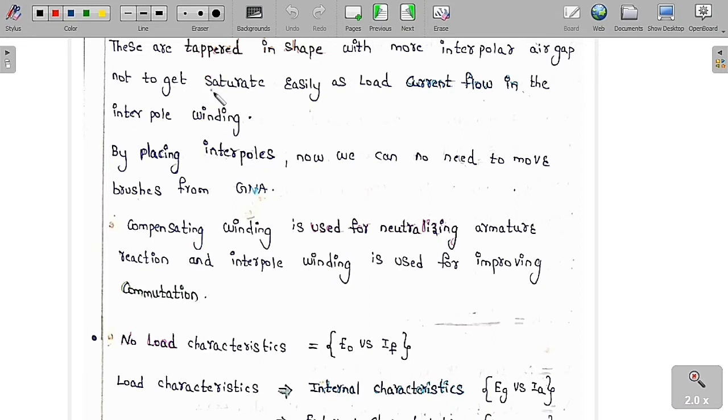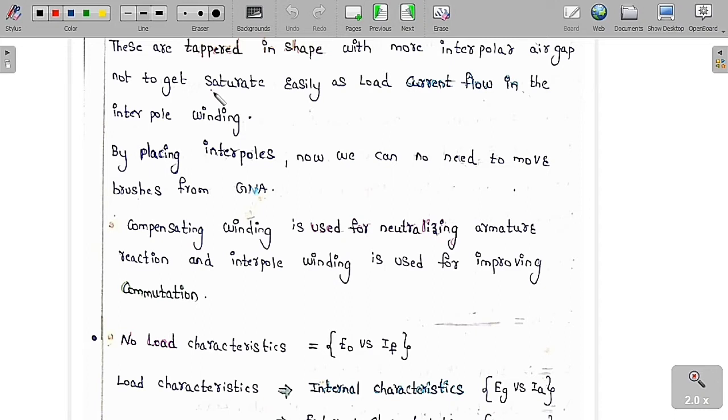So interpoles or commutating poles are small poles compared to main poles, located in the interpolar region midway between the main poles. These are also electromagnets with interpolar winding connected in series with the armature through brushes in order to have automatic neutralization of the interpole zone. They have two functions. First, to produce the counter flux on the coil undergoing commutation in order to reduce the reactance voltage.